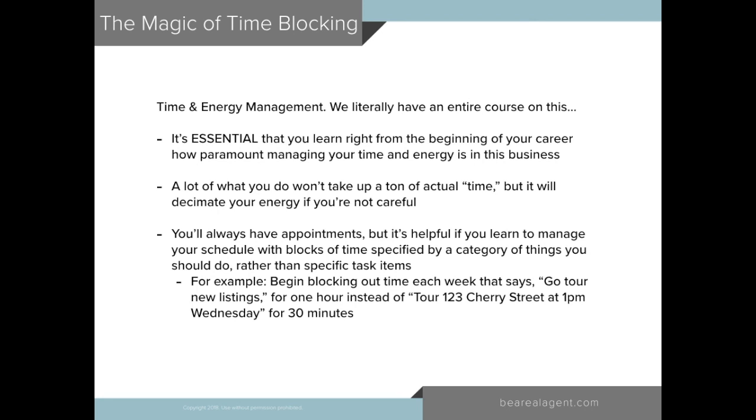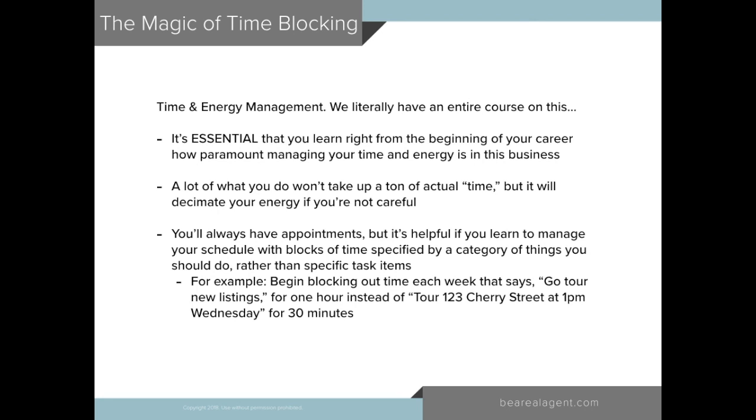You'll also always have appointments, and that's the goal. We've got this showing and we've got this listing presentation, but it's also helpful if you learn to manage your schedule with blocks of time specified by a category of things you should do rather than specific task items. So for example, begin blocking out time each week that says go tour new listings for 1 hour instead of tour 123 Cherry Street at 1 p.m. for 30 minutes.